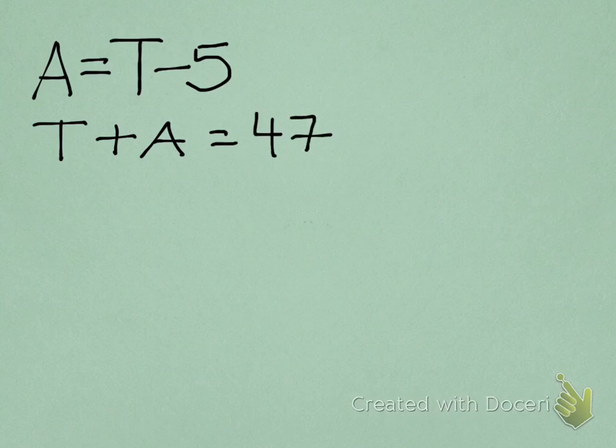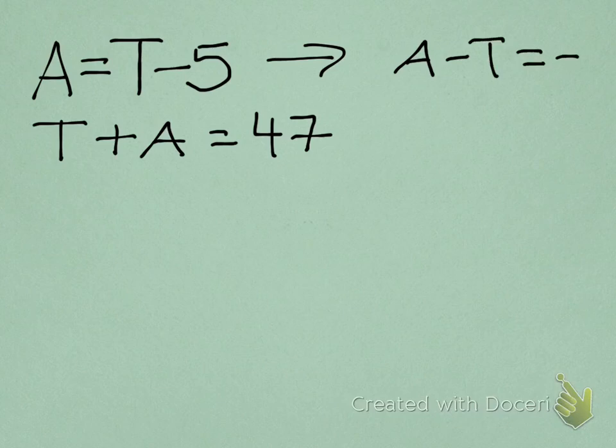And we can choose any method here to solve. I actually would choose substitution. It tells us to use elimination, so if we have to use elimination, remember the variables need to line themselves up. So I would need to move the T from the first one to be over on the side with the A before I start. So it would look more like A minus T equals negative 5.